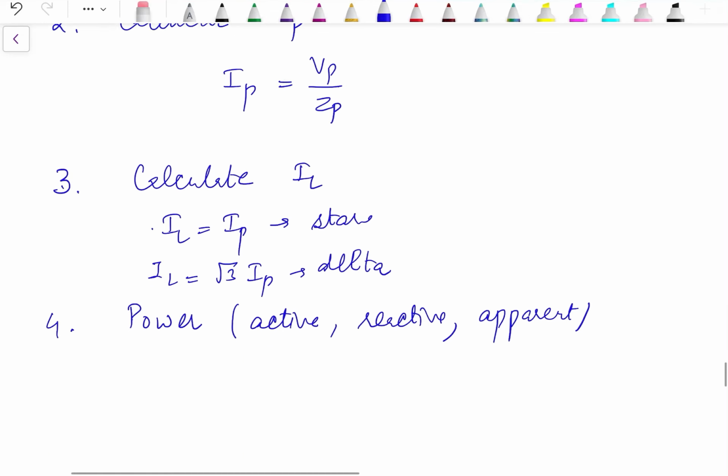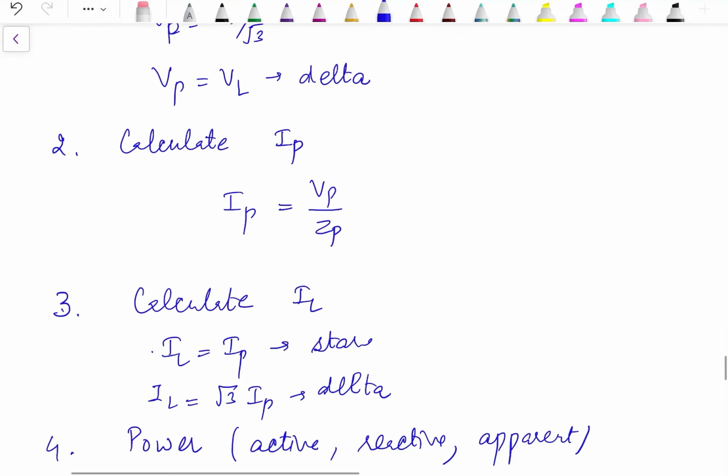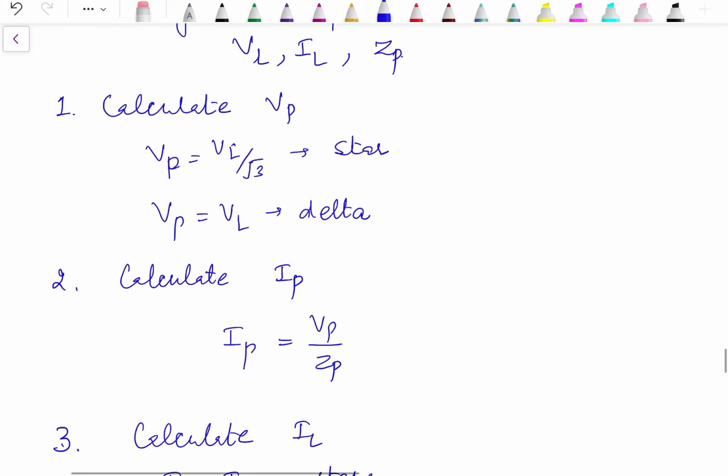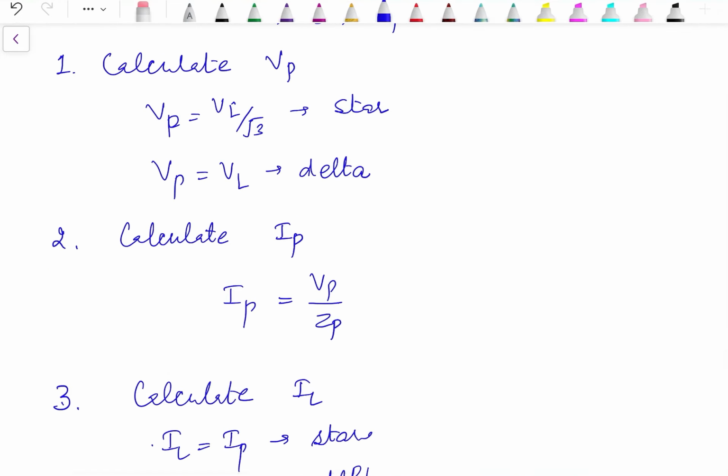After that, you can calculate active and reactive power, whatever is required. But we can't directly calculate the line current if the question gives the line voltage and the phase impedance. We always need to calculate the phase current first, and for that we need the phase voltage. So we need to apply the relationships depending upon the connection.